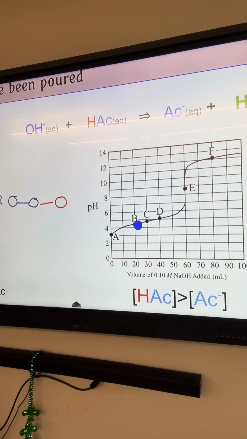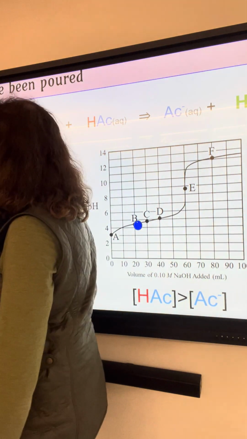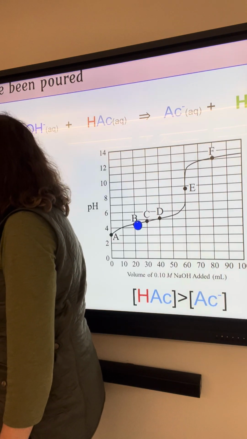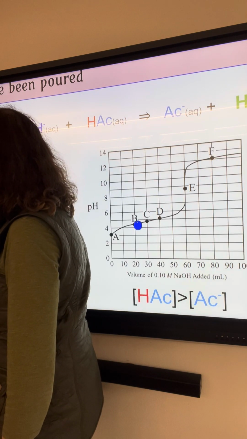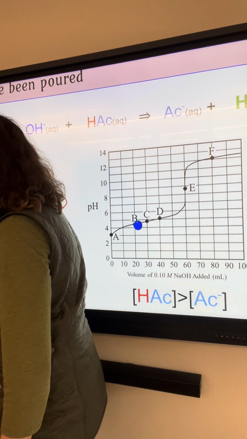Now we're gonna calculate the pH at point B. Now we're gonna drop 2 OHs. What happens when I drop an OH? It makes water, right? What happens when I drop the other OH? It gets rid of this H, of these pluses. It grabs them and it makes water.